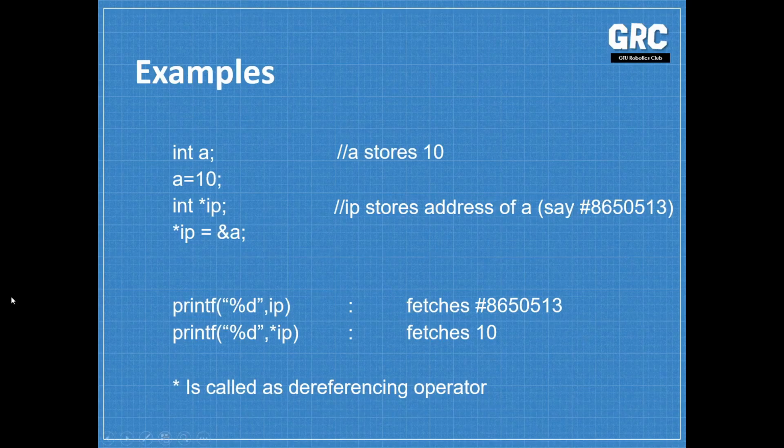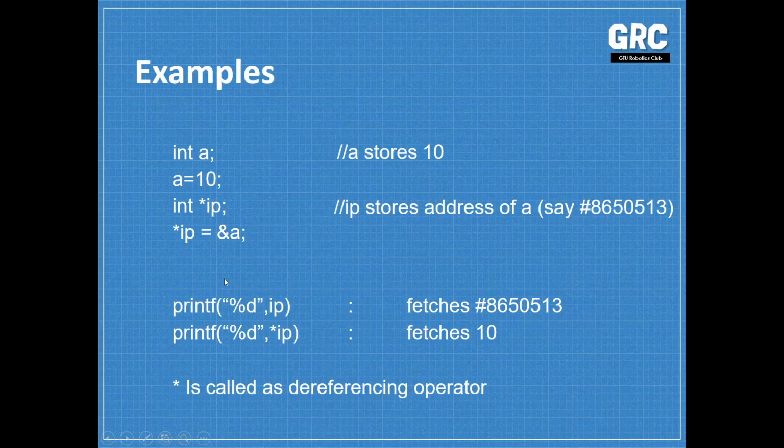Here we have an integer variable a whose value we assign equal to 10. Then we define a pointer IP, and to the pointer we pass the address of the variable a.